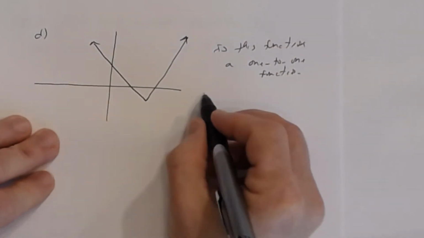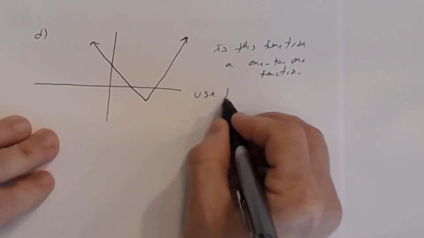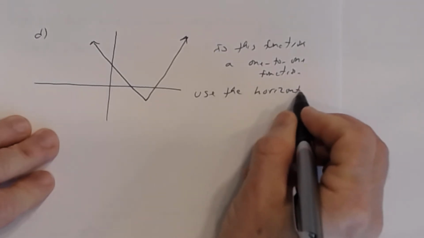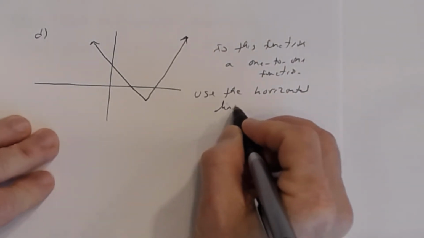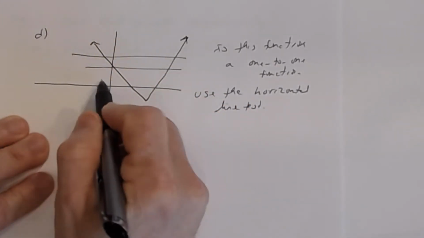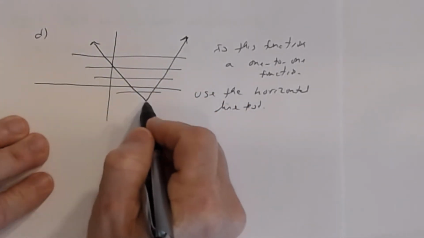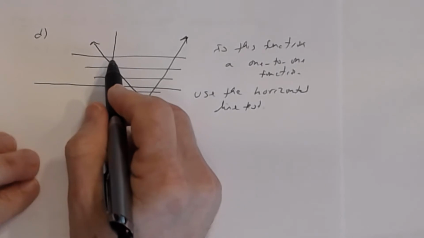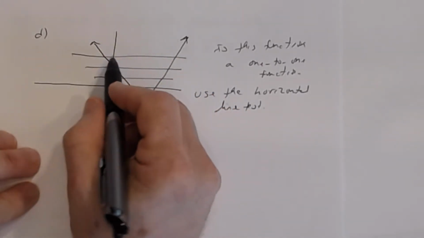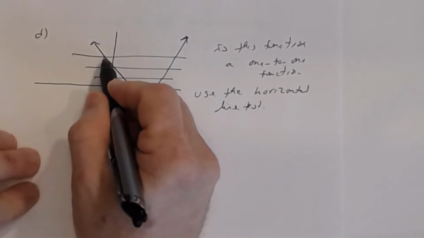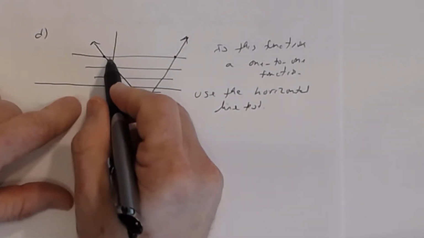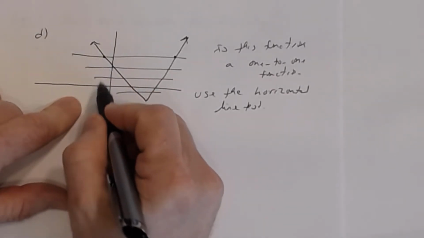And if I use the horizontal line test, look, no matter where I draw that horizontal line, except here, but it only needs to fail it once. Notice that it crosses the graph twice here. So if I look at these two points right here, for this y coordinate, there are two different x coordinates.